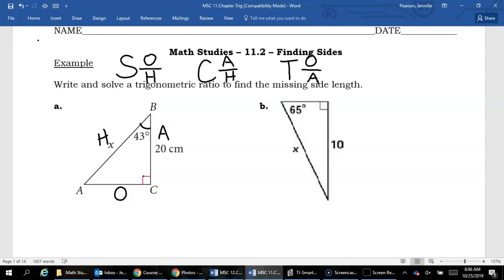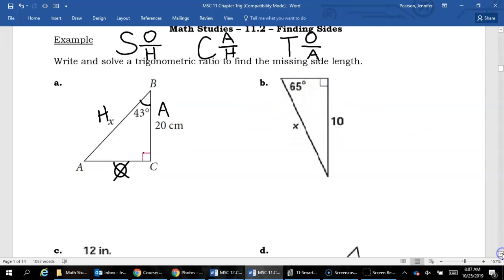I'm not trying to figure out how long it is, so I'm going to ignore the opposite side. Based on having the adjacent and the hypotenuse, that's going to help me pick sine or cosine or tangent. I can't write a sine fraction if I'm not working with the opposite. I can't write a tangent fraction because I need an opposite. So this one for sure is going to be a cosine. Cosine is the trig ratio that I can write with A and H.